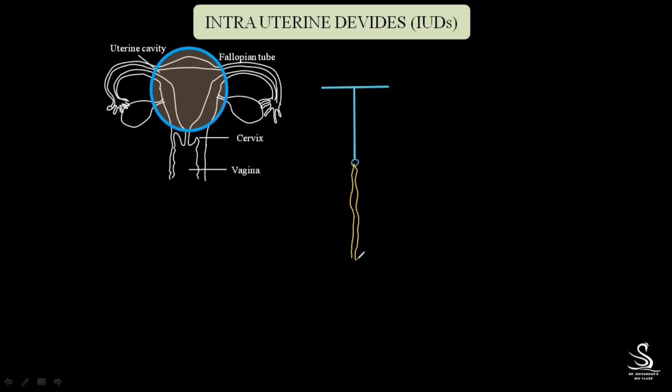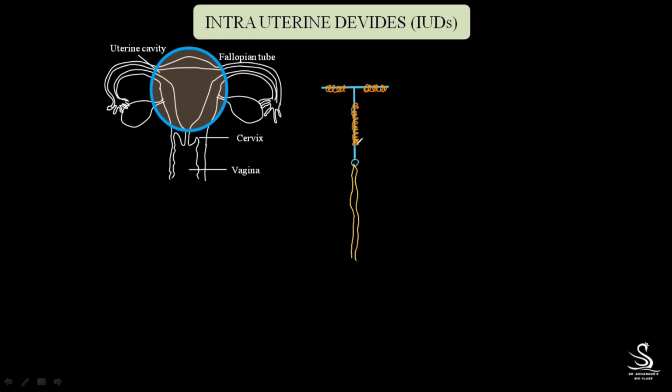If this is a non-medicated IUD, then it is nothing, just a plastic-made device. If it is a copper T, then they are going to wind copper wire on these arms. Here there are copper wires. These are the copper Ts, copper-releasing IUDs.